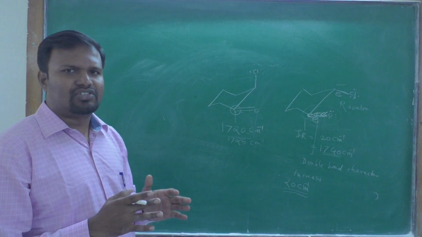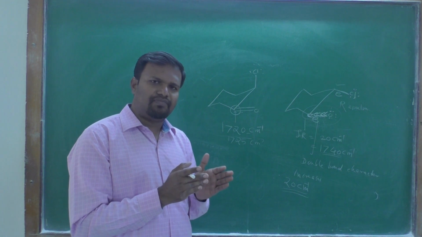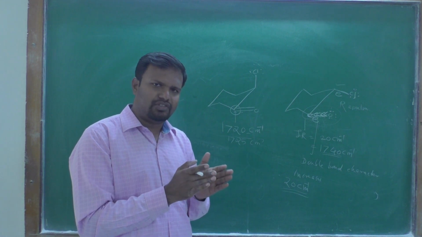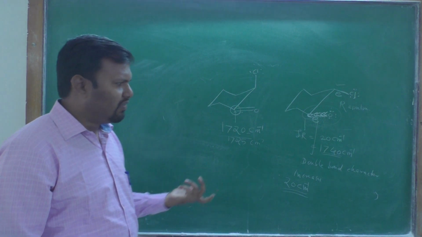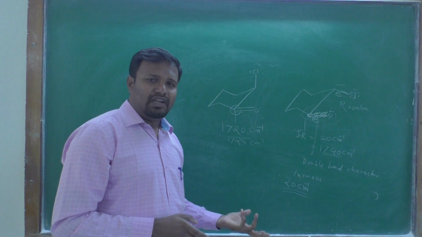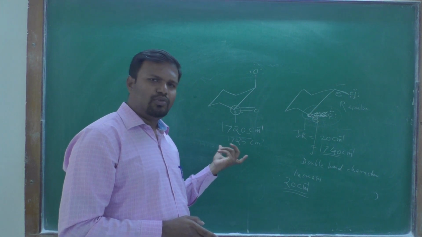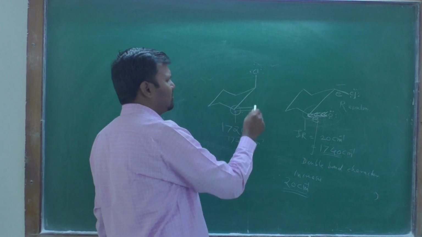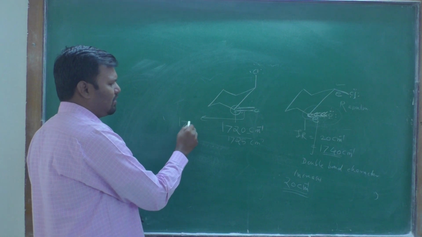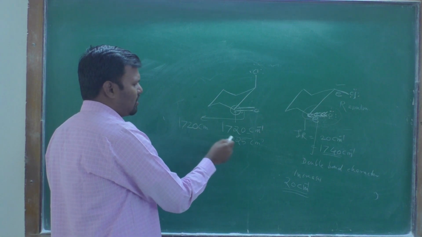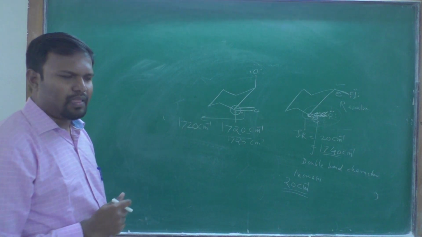Like that, as the strength of the bond increases, the double bond character increases, it is difficult to vibrate, therefore for the vibration more energy is required, and therefore it absorbs 20 units more than the normal ketone frequency. In this case no repulsion is there, therefore its frequency appears normal, 1720 or 1725 cm inverse.